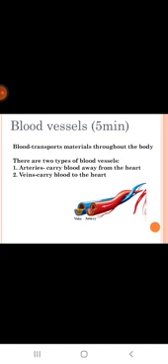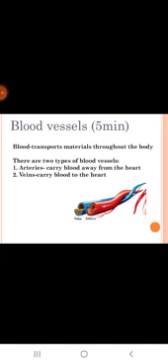These are the tubes, and blood vessels are of two kinds. One is an artery and the other is called a vein. They are completely opposite to each other, because arteries carry blood away from the heart and veins carry blood to the heart.